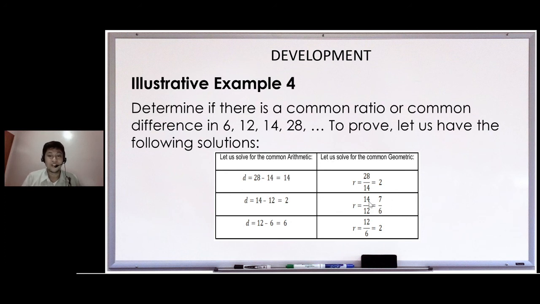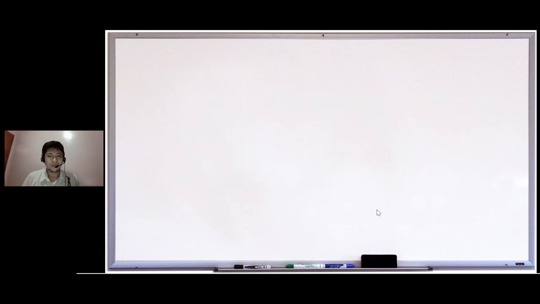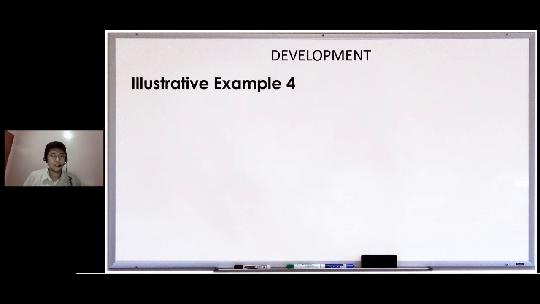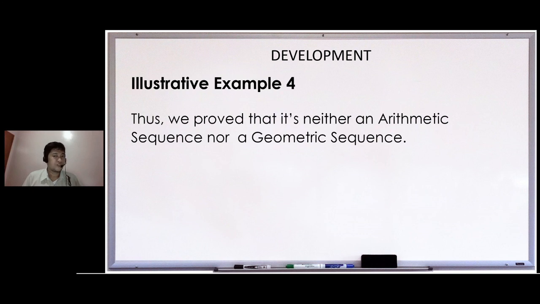So 14 divided by 2 is 7, 12 divided by 2 is 6. So that's why we have 7 sixths. Then lastly, 28 divided by 14 is 2. If you look at the results of the ratios, we don't have a common ratio. So thus, we prove that it's neither an arithmetic sequence nor a geometric sequence.